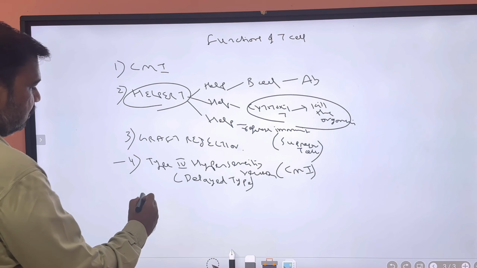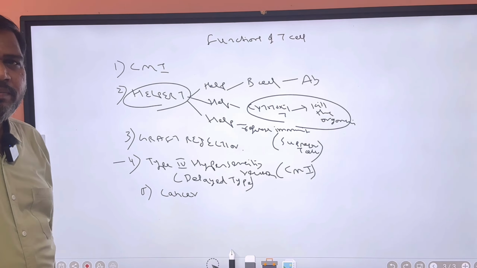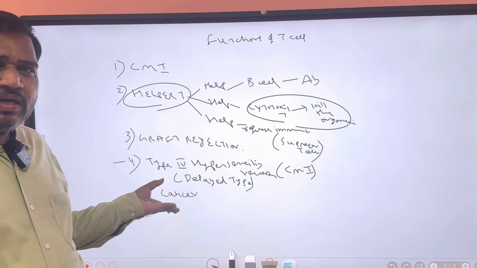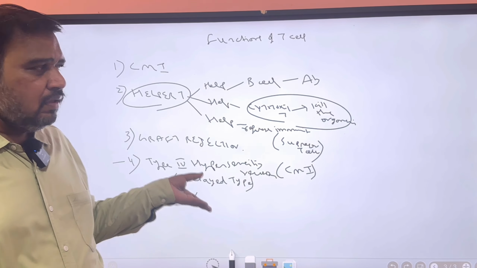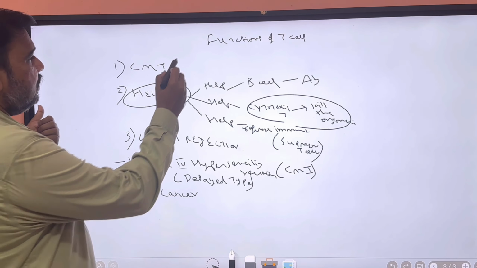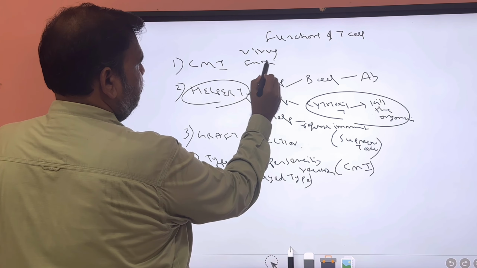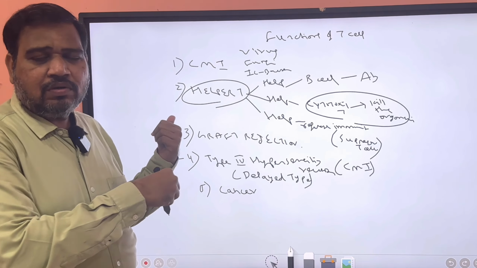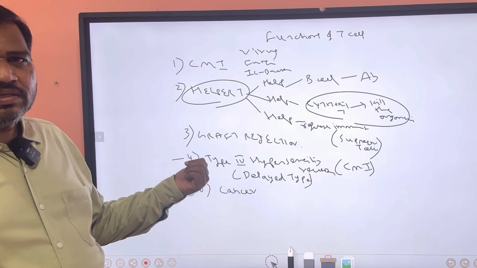And another function is that it usually fights against cancer. A function of cell mediated immunity is fighting against cancer, killing the cancer cells or preventing the overgrowth of cancer. It fights against virus, fungi, intracellular bacteria. I explained Mycobacterium tuberculosis, Mycobacterium brucellosis, Mycobacterium leprae, and it also fights against cancer.